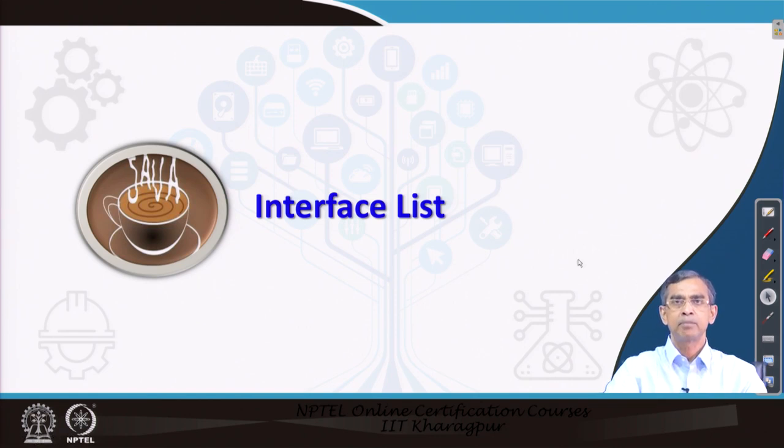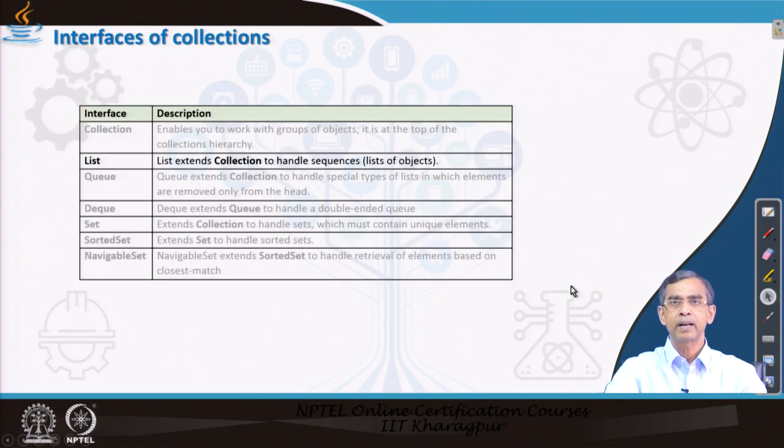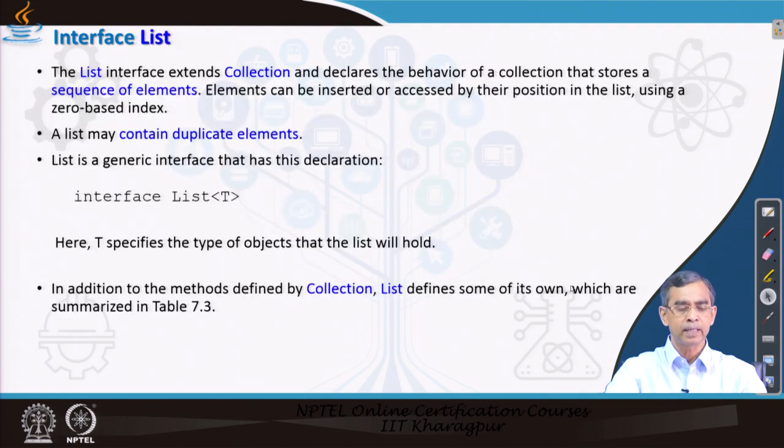Now, let us come to the discussion of interface list. You will be able to see what the different methods are that are declared there in the list interface. Interface list is basically another form of collection, another way that a group of elements will be stored, in list form. Now, that is definitely different from other forms, like the array form.